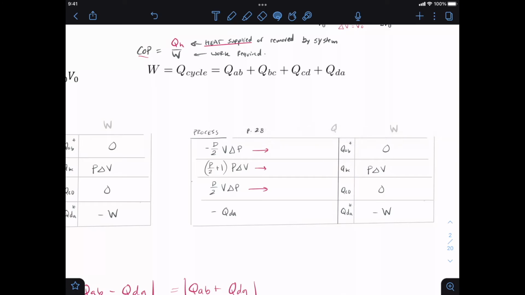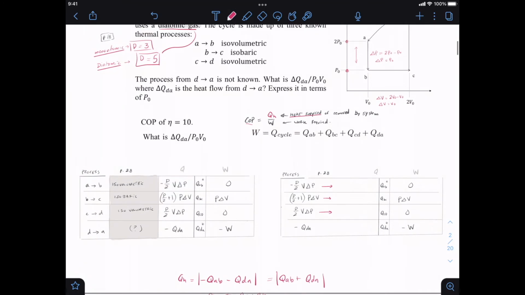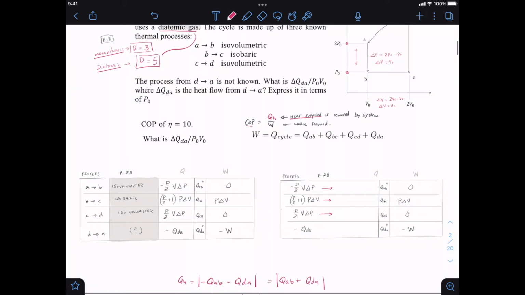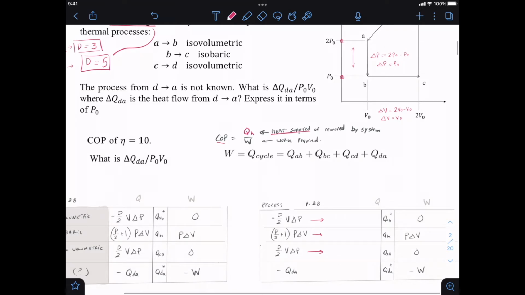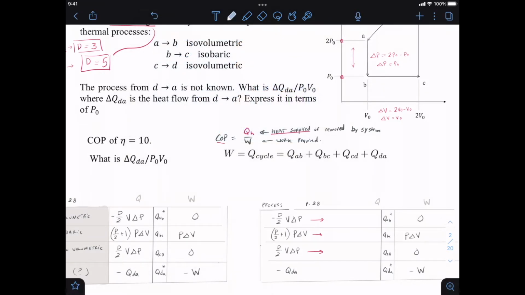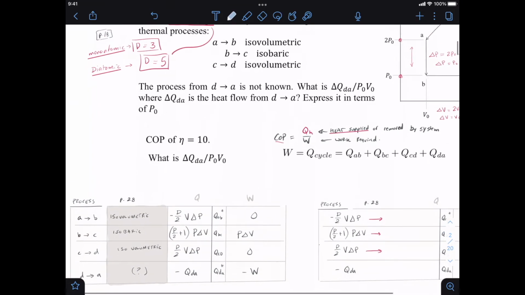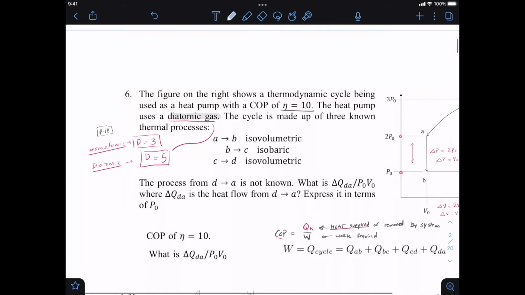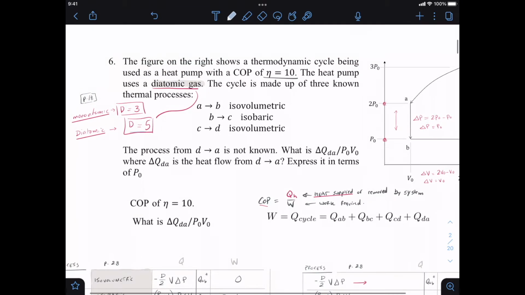Okay, cool. So what about this first one from A to B? From A to B, what is the volume? We're told that we have a diatomic gas, so D is going to be 5 for this whole problem.